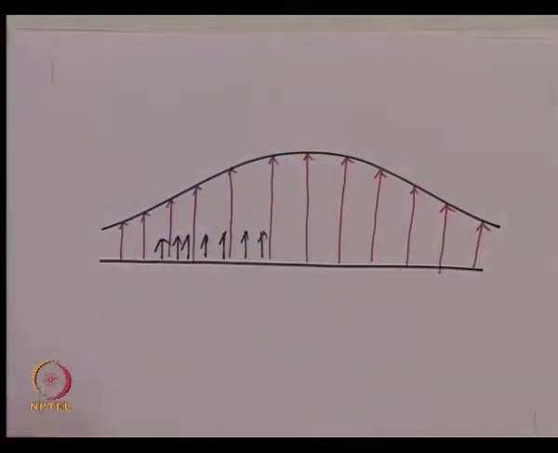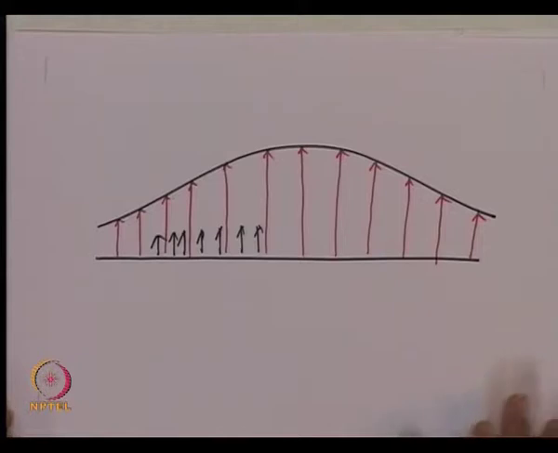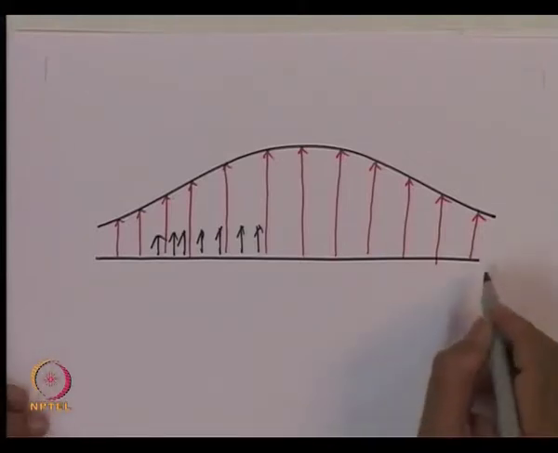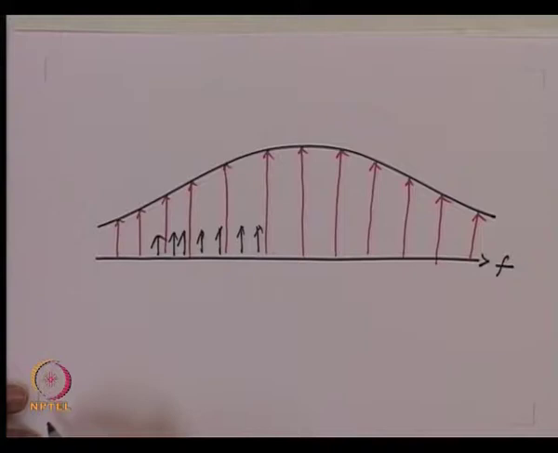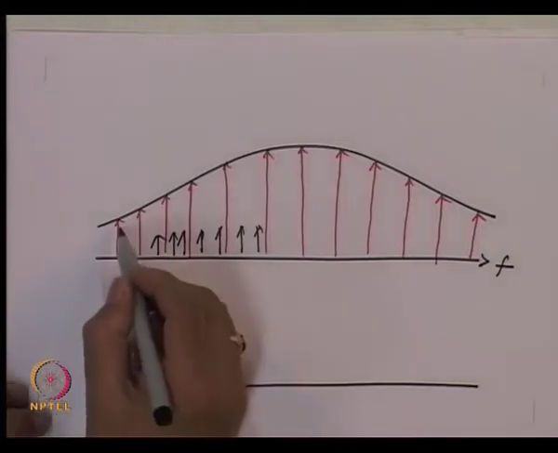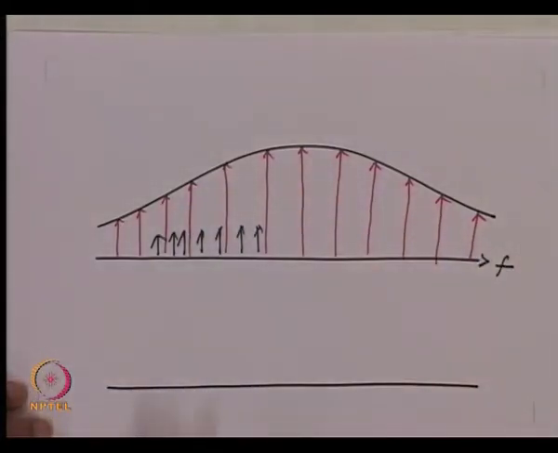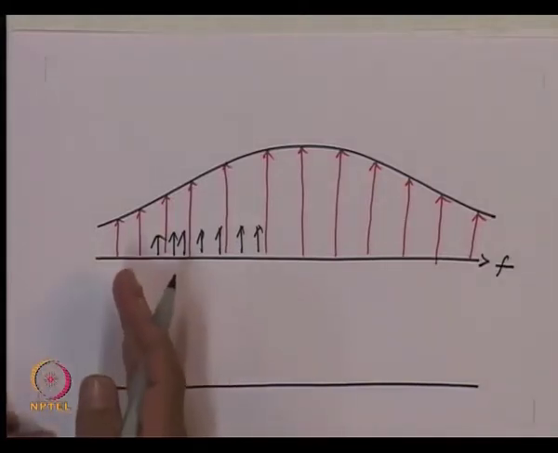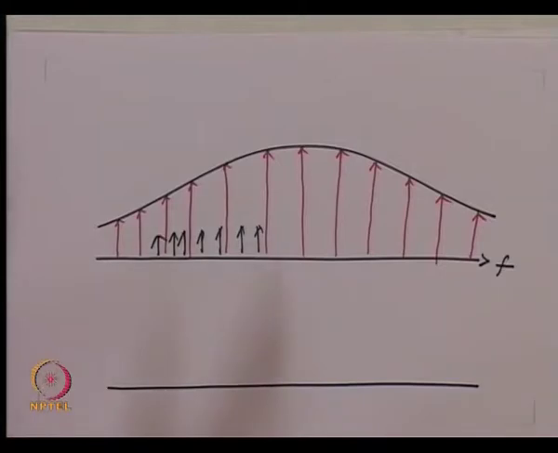Now if I try to see this in terms of the time domain, it will become immediately clear how the pulse will get broadened. So this was in terms of frequency. If I modulate this light with, let us say, a pulse, and see in terms of time how the pulse would look: initially when we transmit all the pulses riding on different carriers, they will be located at some location here on the fiber, and all of them will be aligned in time.